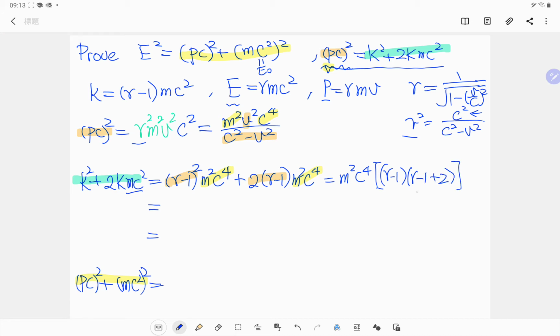So it becomes m square c to the 4th power, and then gamma minus 1 times gamma plus 1. So it becomes gamma square minus 1, right?